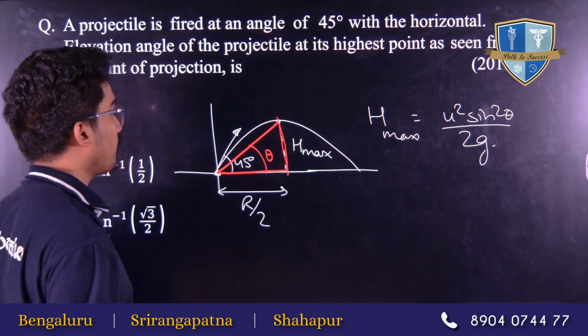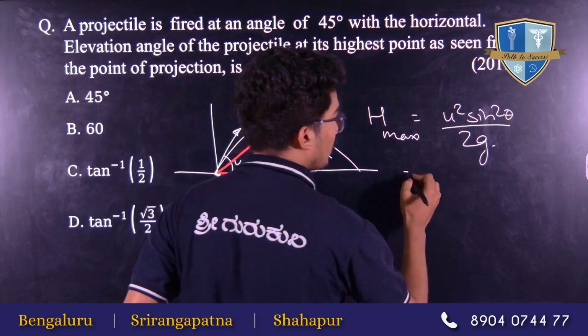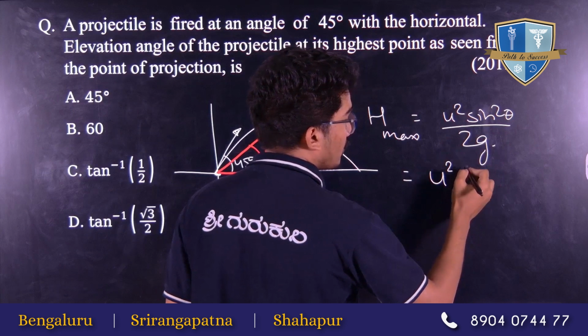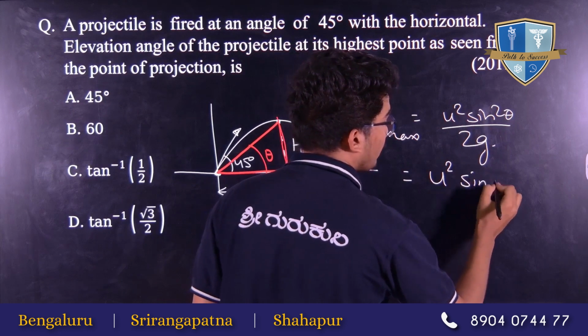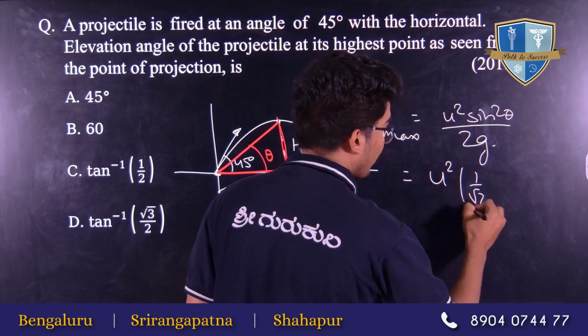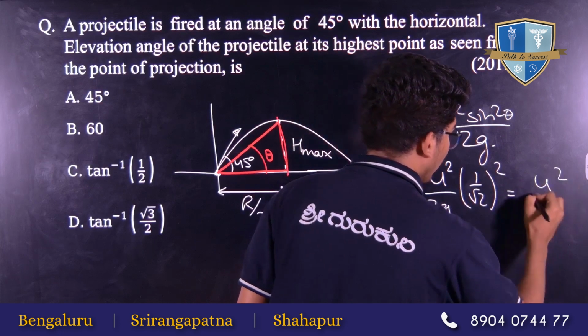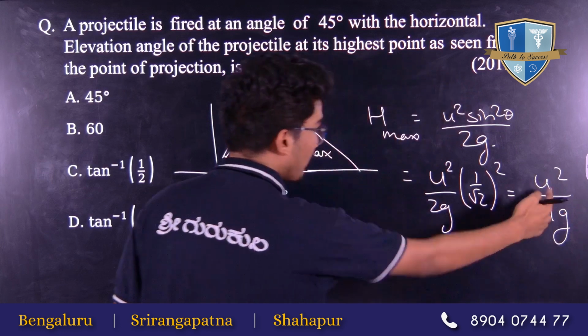This is our formula for h max, and theta is equal to 45 degrees. So this will become u square times sin 45, which is 1 by root 2, and 1 by root 2 whole square will become 1 by 2. So this is equal to u square by 4g. This is our h max.